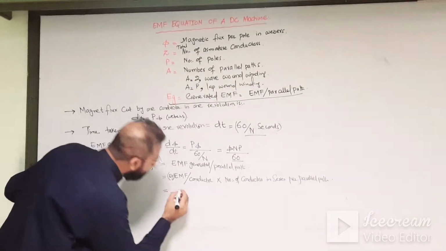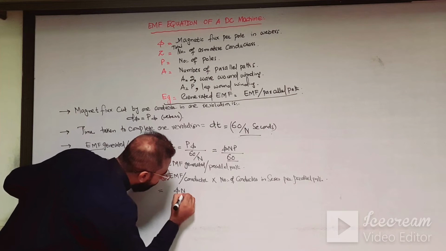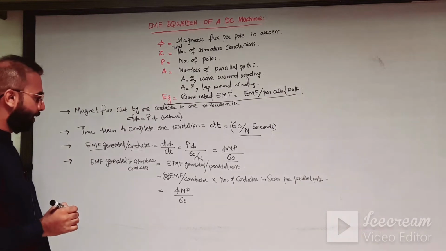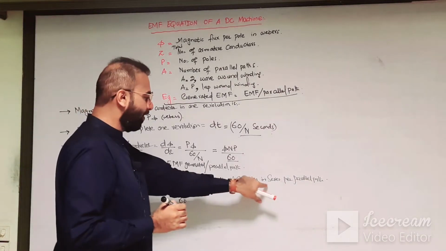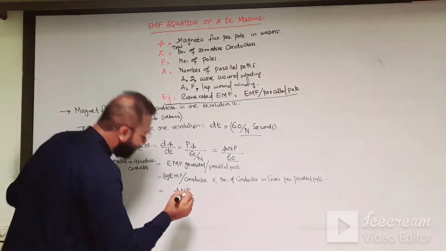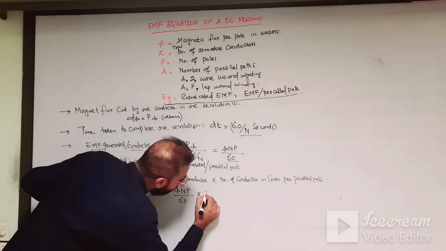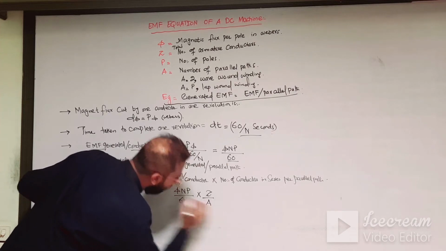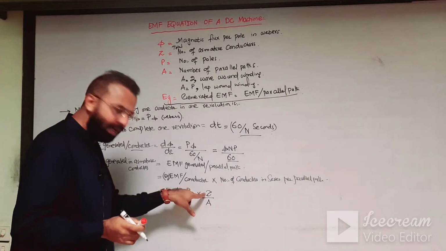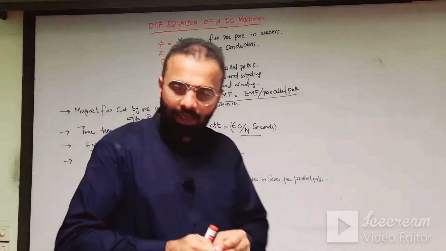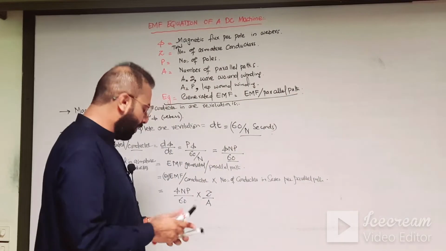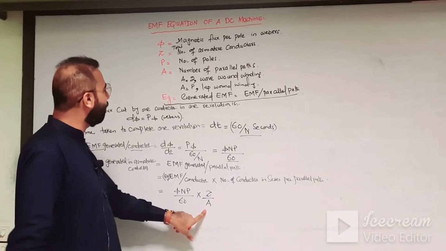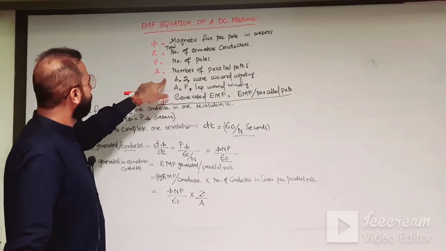We have the value phi N P divided by 60, and the number of conductors in series per parallel path is Z divided by A. Here Z shows the total number of armature conductors, and A is the number of parallel paths, as we have already shown in the data.